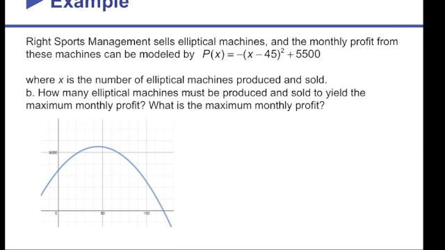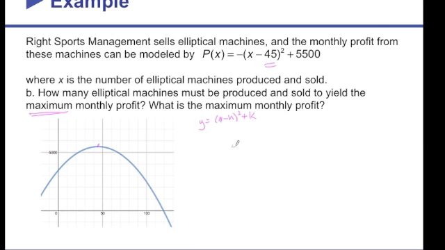Now we want to know how many elliptical machines produced and sold to yield the maximum. We want the maximum. We're looking for the vertex, which appears to be about right here. And this is in vertex form, my Y equals X minus H squared plus K. So H will be 45.